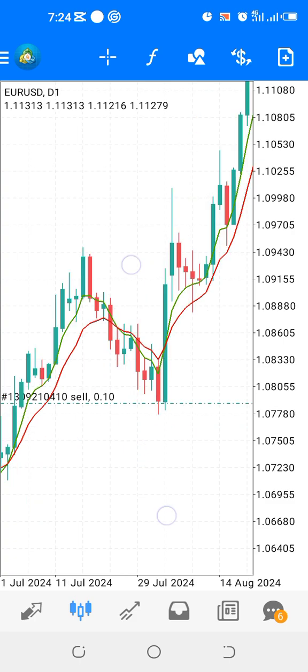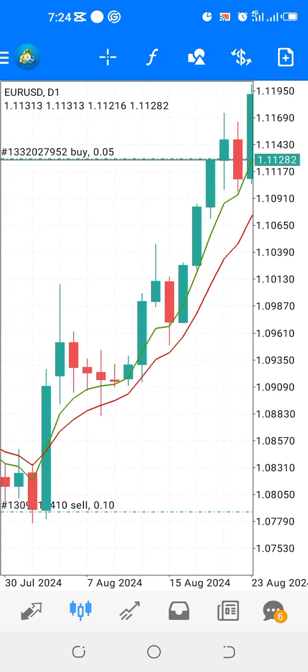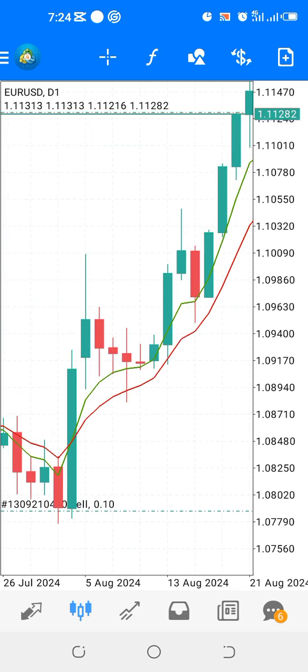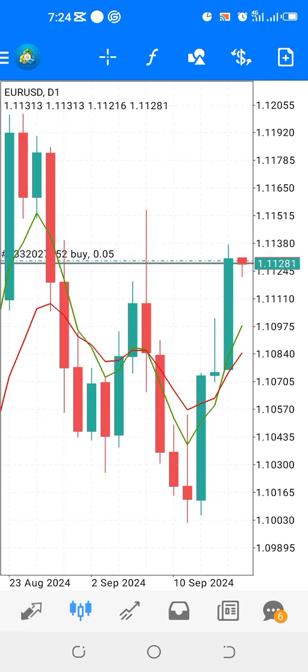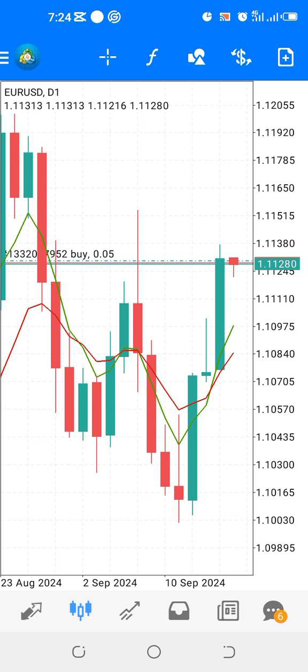So we have 2 moving averages, 5, which is the green line, and 10, which is the red line. And this will help to identify your trend.